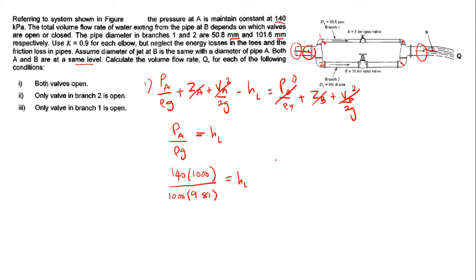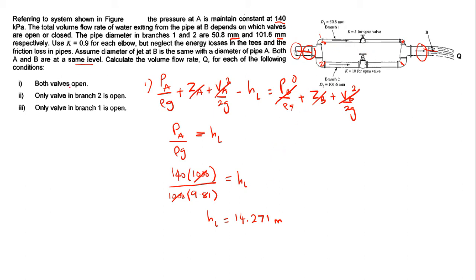So we cancel out, and 140 divided by 9.81 will be equal to 14.271 meter.